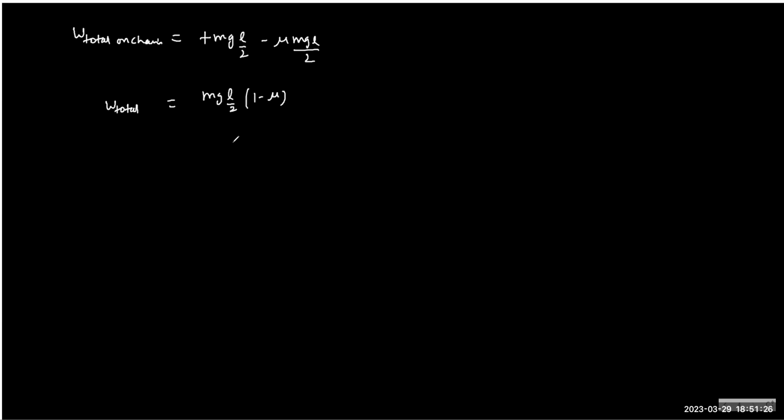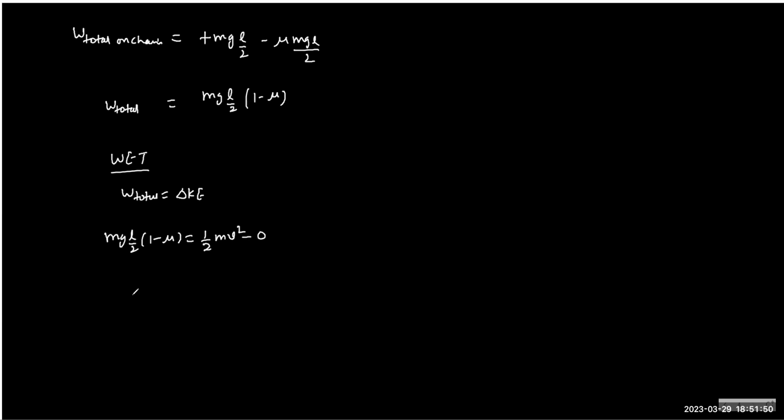So how are you going to use this? The work-energy theorem states that the total work is equal to the change in kinetic energy. So we have the answer mgl/2 times (1 minus mu). And I know that the final kinetic energy is half mv², but the initial was nothing, we just released from rest.